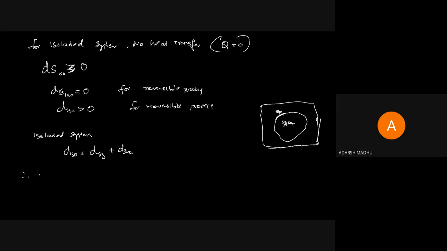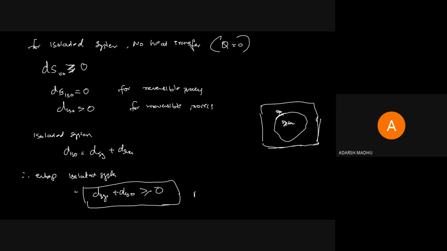So we can witness the entropy for an isolated system: dS system plus dS surroundings is greater than or equal to 0. This is the entropy principle. The entropy principle says that for an isolated system, the entropy value is greater than or equal to 0.